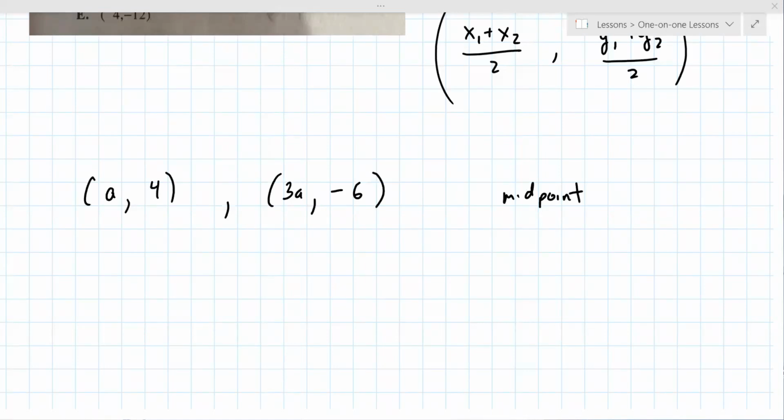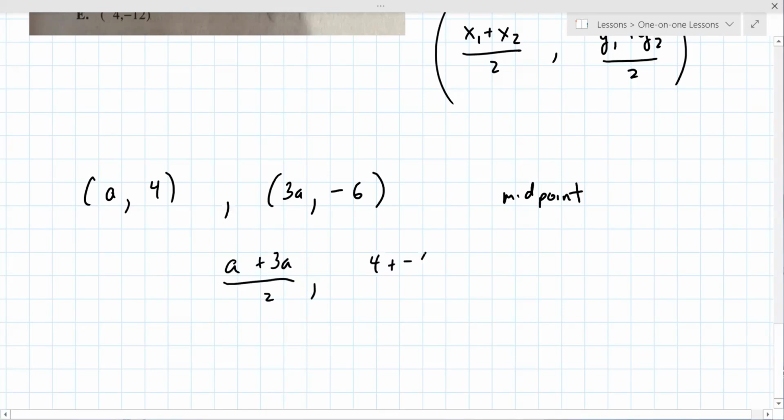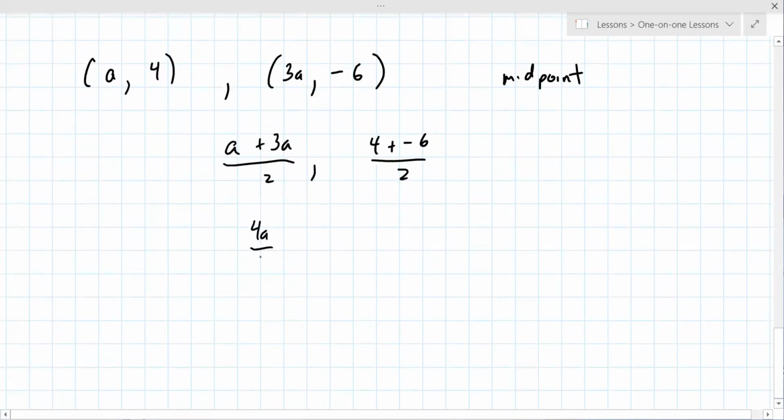Is that right? So we're going to just add a plus 3a divided by 2, comma, 4 plus -6 divided by 2. So the first one is 4a over 2, which is 2a. The second one is -2 over 2, which is -1.